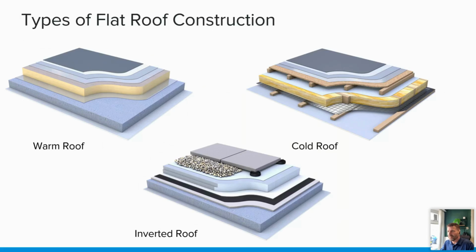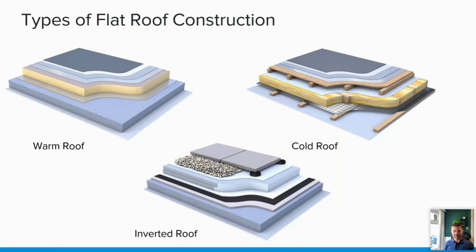Just a quick reminder as well. I know we did this in a previous session, but there are three types of flat roof construction out there: warm roof, cold roof, and inverted roof. So when we're doing core samples, that's what we're going to consider. On a warm roof, for example, you're likely to find waterproofing, and then we measure the thickness of the insulation.